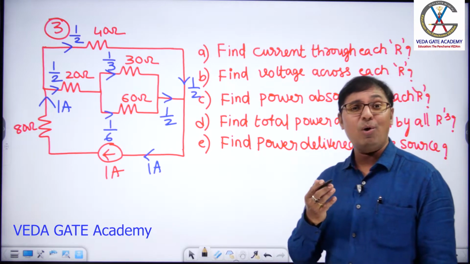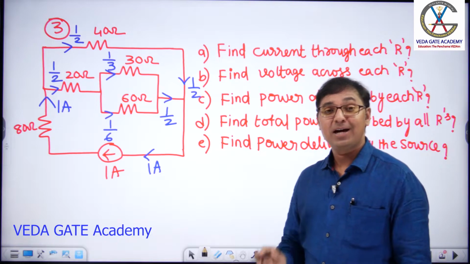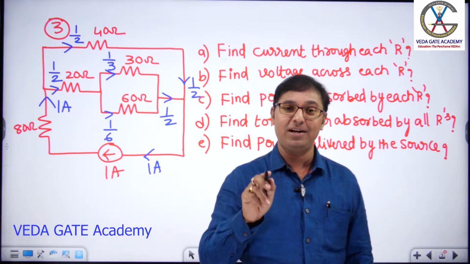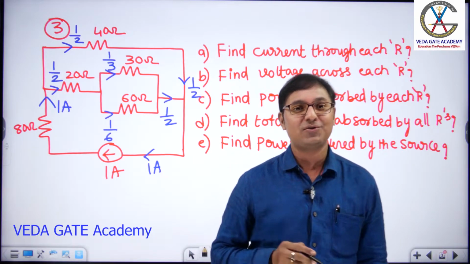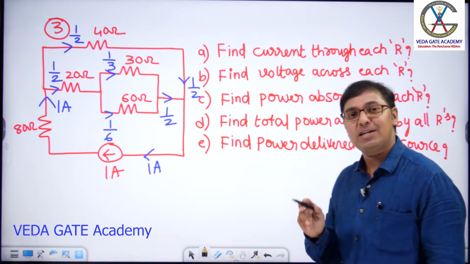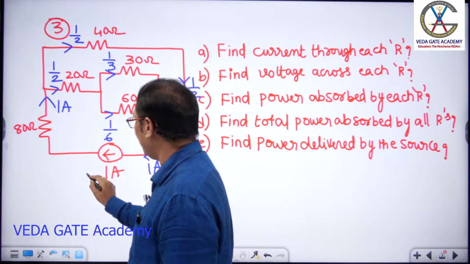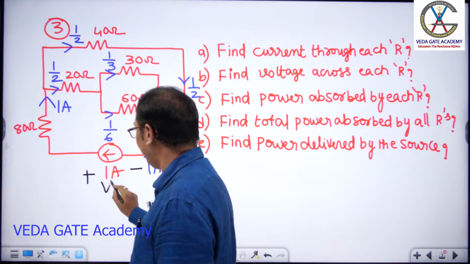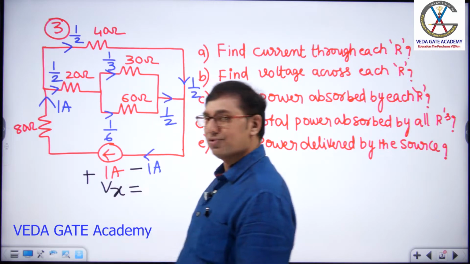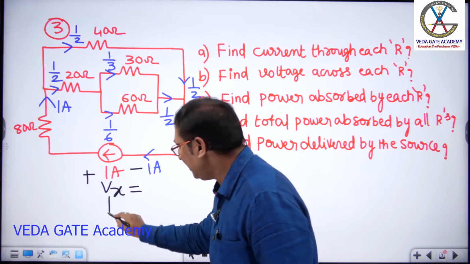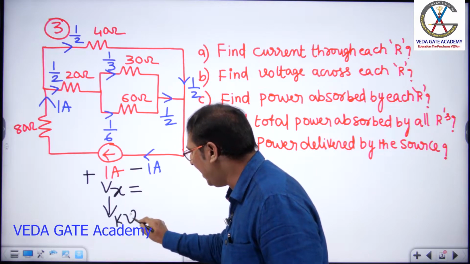Because we don't know the voltage across the current source. I told you in the KVL sign convention itself clearly: in every voltage source you will have a current. Similarly, across every current source you will have what? Voltage. Let us arbitrarily put two polarities in calculating the voltage across the current source. I told you clearly, the voltage across a current source we can calculate only by using KVL, sir.